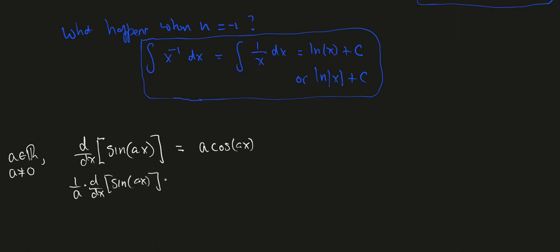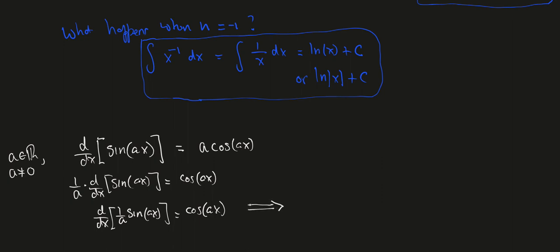So we have the cosine of ax there, and then do that same thing, bring the 1 over a inside, so d dx of 1 over a sine of ax equals the cosine of ax. Now let's write this in the antiderivative form.